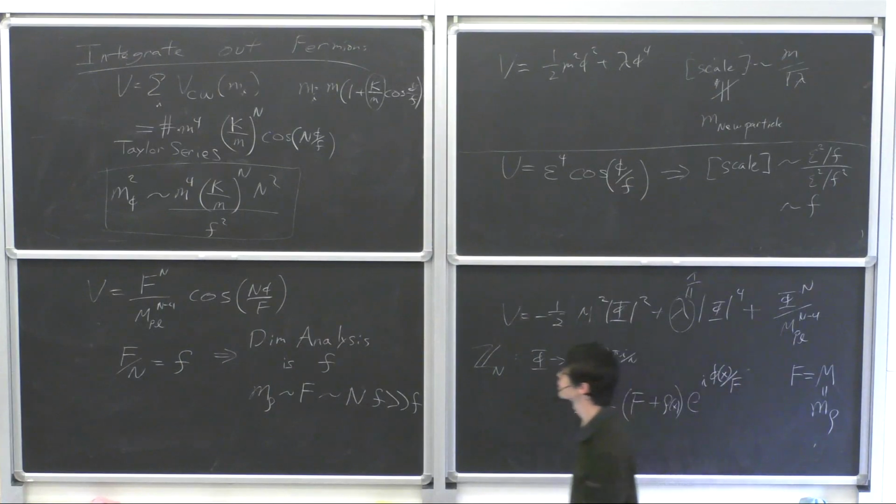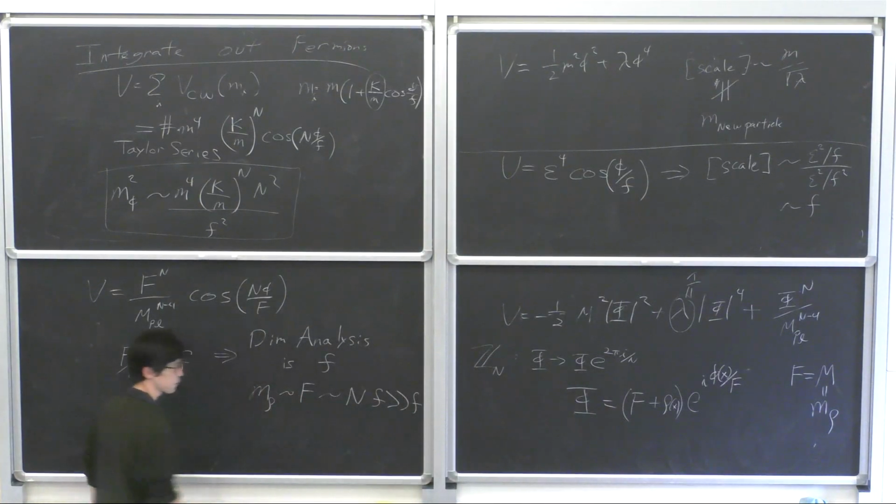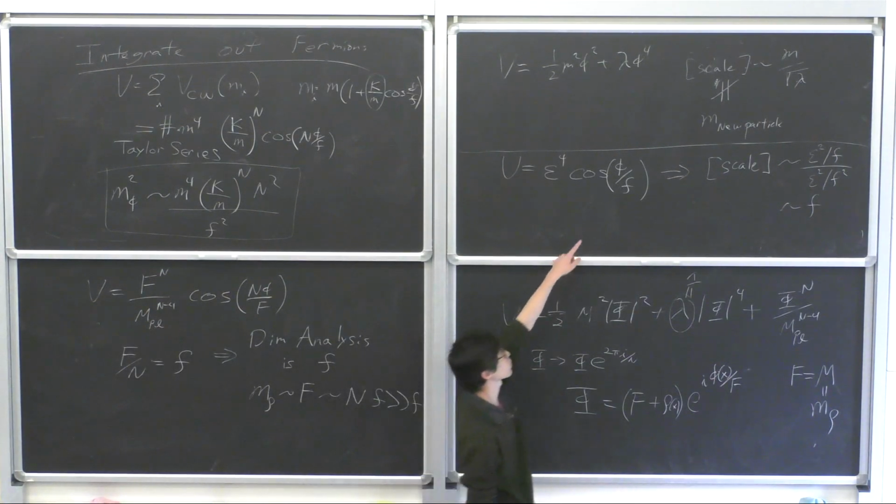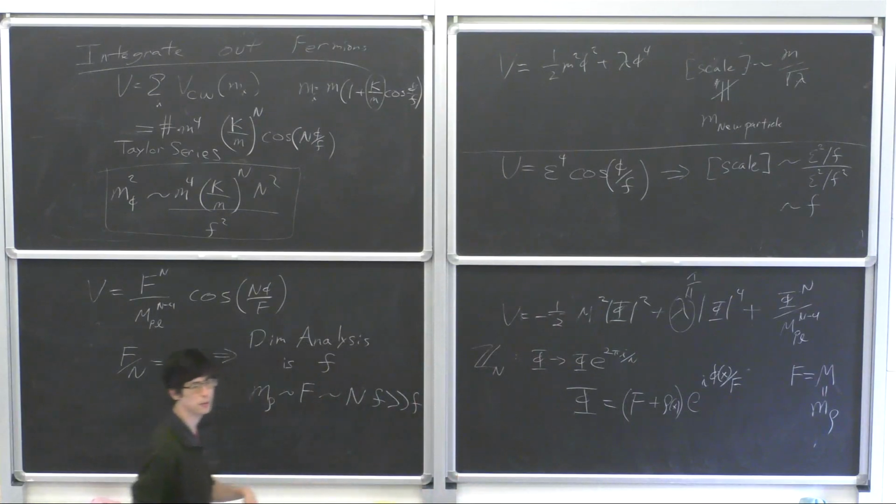But it has nothing to do with the masses of new particles. So this is just an example of, if you're trying to do dimensional analysis, what you get out might not be the mass of a new particle. In this case, it's a little more like you guess the field value where some stuff happens.